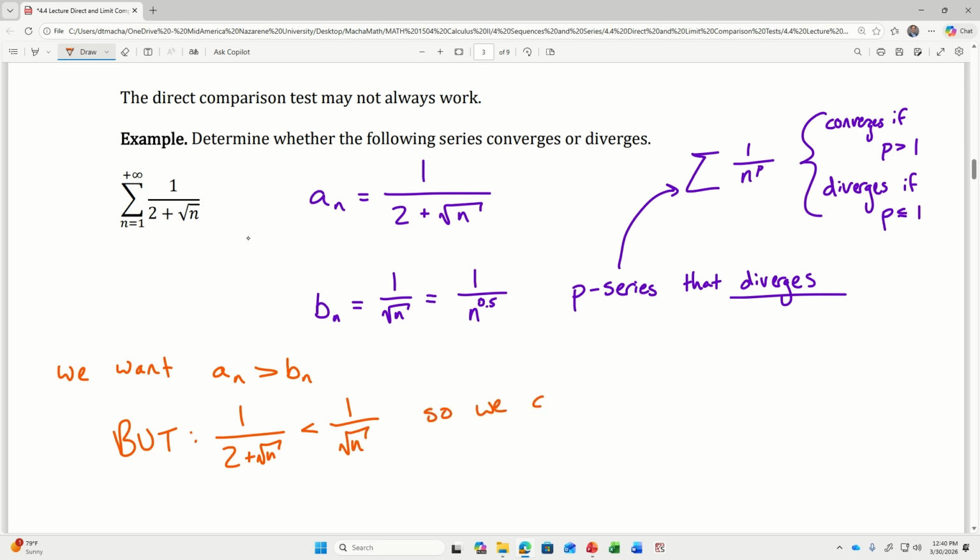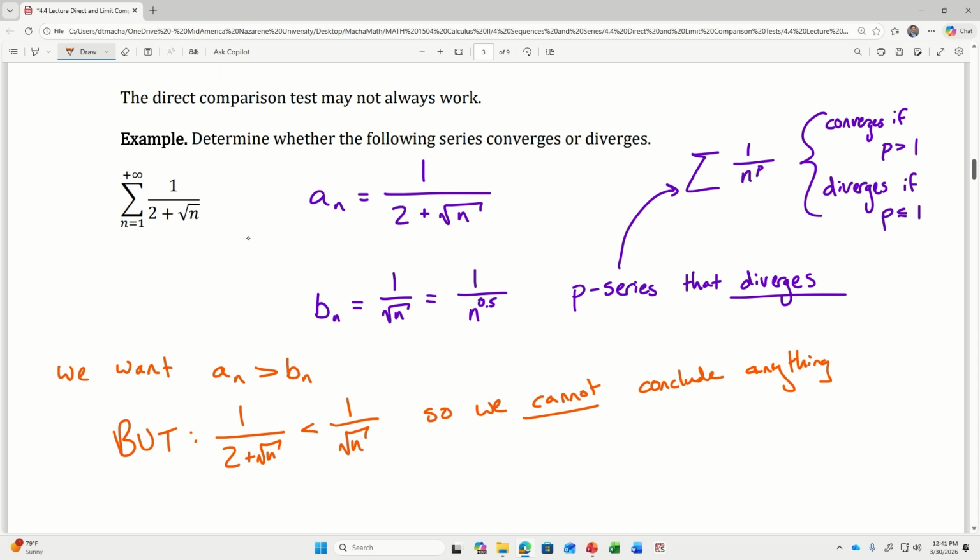So we cannot conclude anything. I still don't know if the original series converges or diverges.